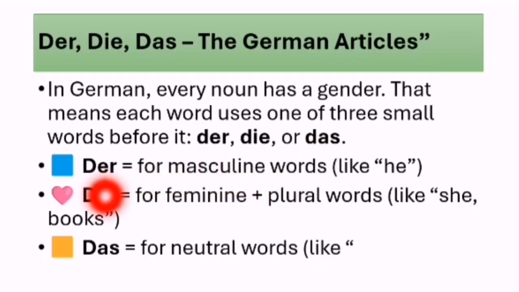Der we use for masculine words like he. All the masculine nouns, when we say them in German, we must put der before that noun. And die for feminine plus plural words like she and books. And das for neutral words like bicycle, etc.